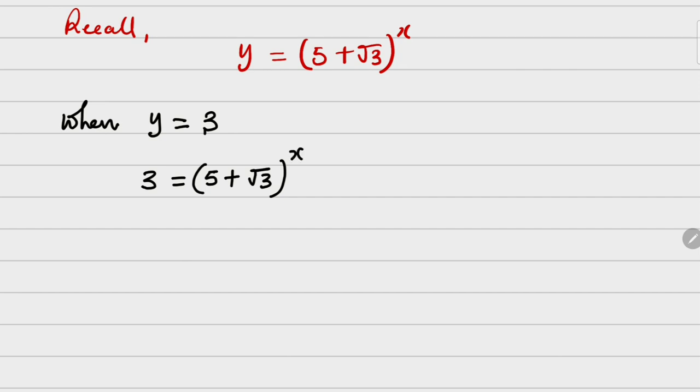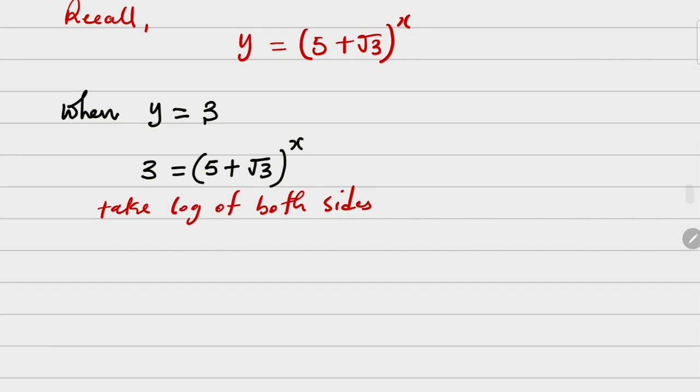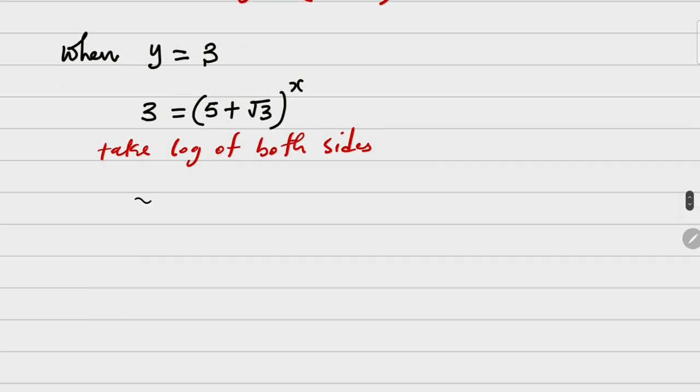And what do we do with this? We'll take log of both sides. Now doing this, we are going to have log of 3 is equal to log of 5 plus root of 3 all raised to power x.